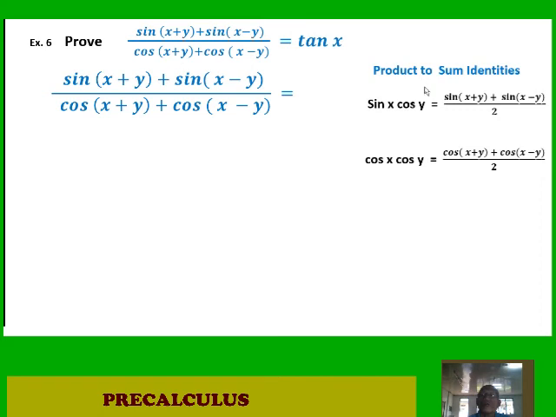From our basic identities, the product to sum, the product of sine x and cosine y is equal to this right side of the identity. If we are going to cross multiply the two to the left, so we are left with sine of x plus y plus sine of x minus y. So we can substitute this numerator and denominator with this one.